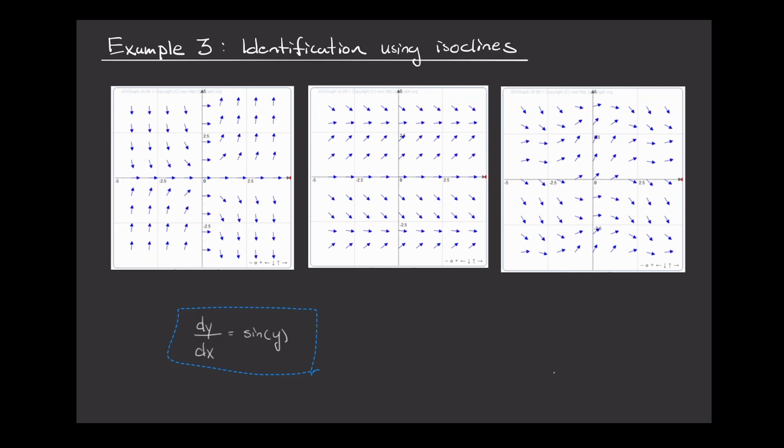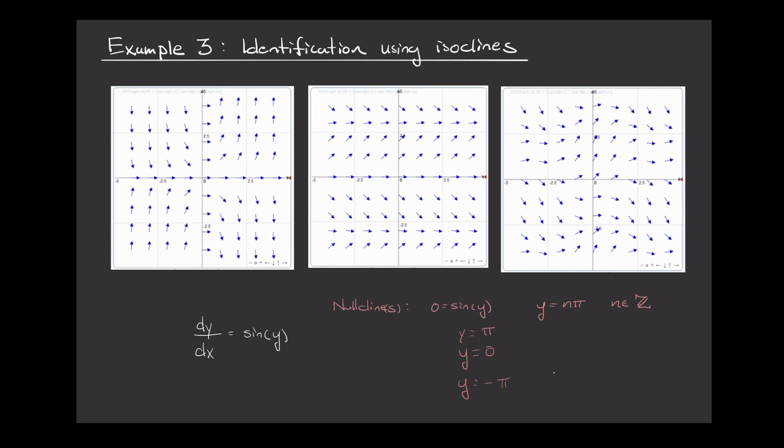In order to do so, we might start by identifying some isoclines, and the best isocline to start with is the set of nullclines. There may be more than one. The nullclines occur where 0 is equal to sine of y, that is where y is equal to n pi, where n is some integer. For the scale of these three graphs, that will happen at three places: when y is equal to 0, when y is equal to negative pi, and when y is equal to pi.